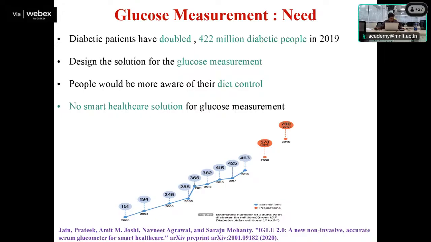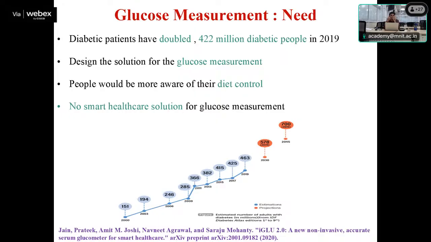Diabetes is closely related to your glucose. The number of diabetic patients has almost doubled in every decade. Currently around 450 million people around the world are suffering from diabetes.